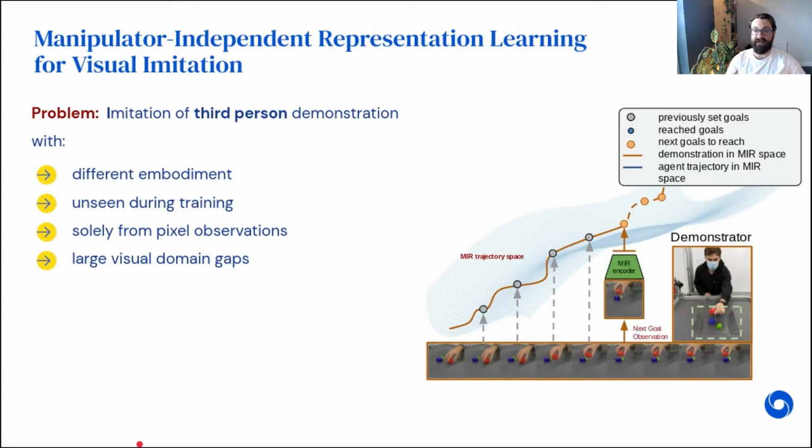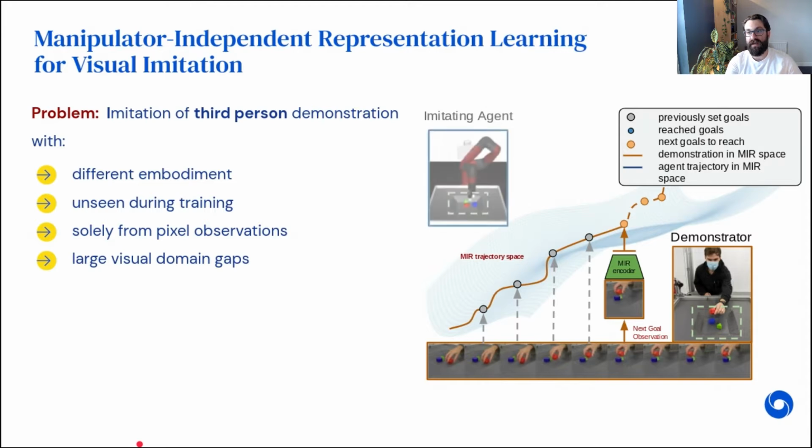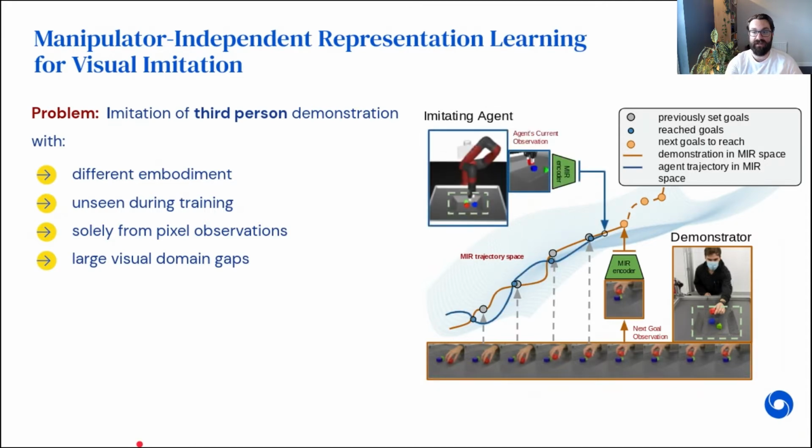And the way this happens is the next goal observation is sampled from the demonstration, and an imitating agent is trying to reach that goal. So essentially, this is a tracking problem, tracking the trajectory from a different embodiment and potentially from a different domain.